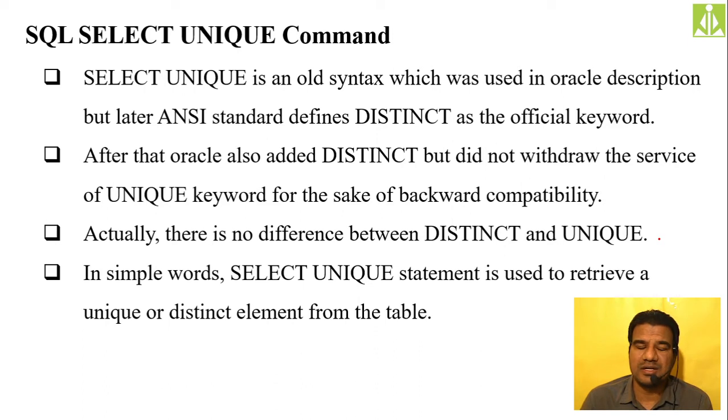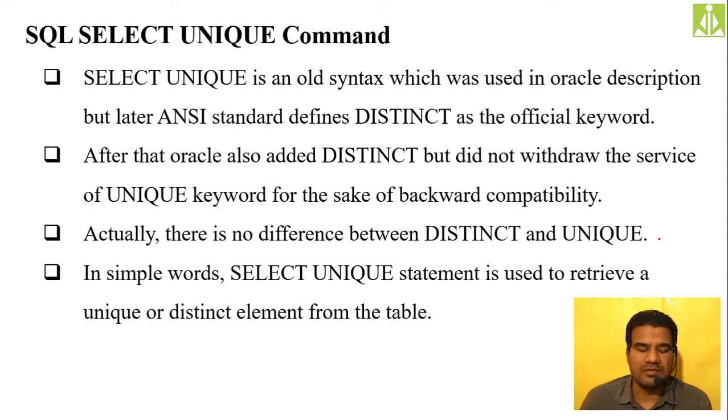There are different versions of SQL, structured query language, like the Oracle version and the ANSI version. You have the Oracle version of SQL as well as the ANSI version of SQL. So select unique is a command which was there in traditional or old Oracle, we can say. It is an old syntax which was used in Oracle.